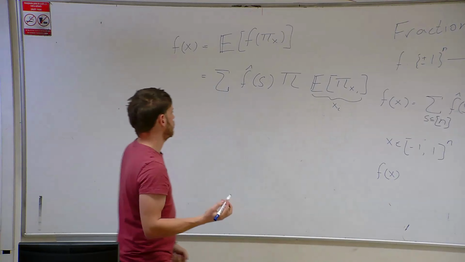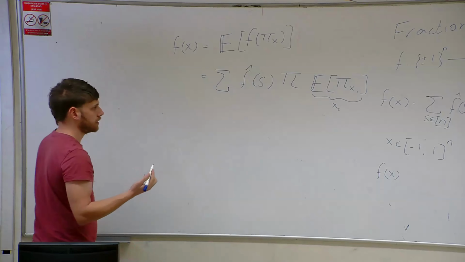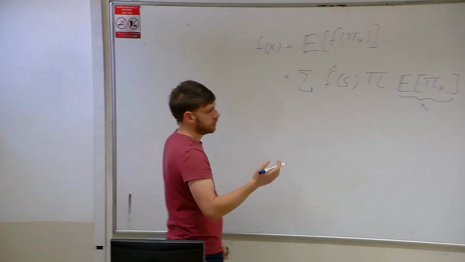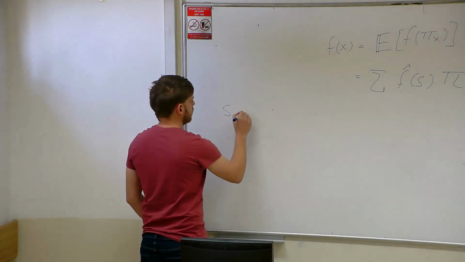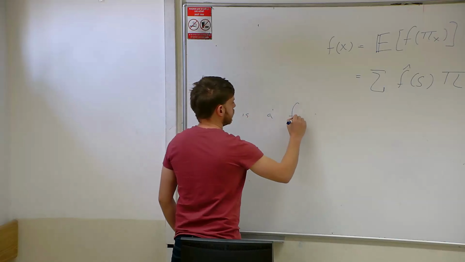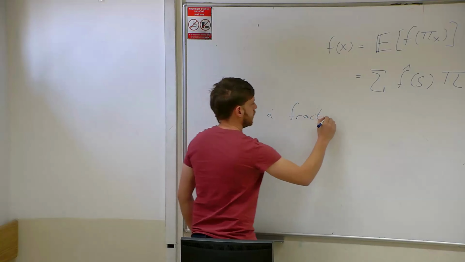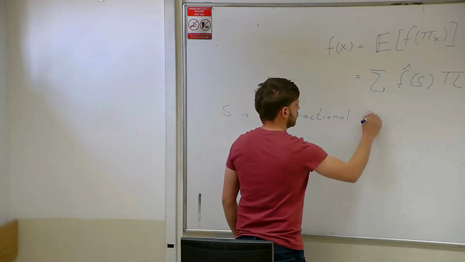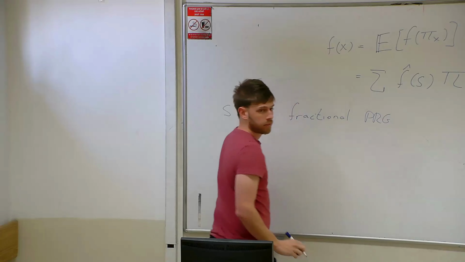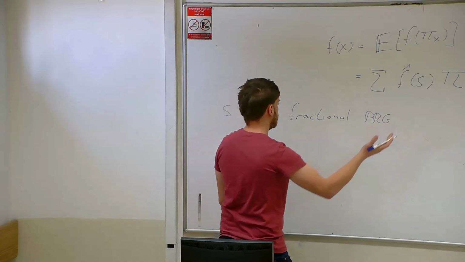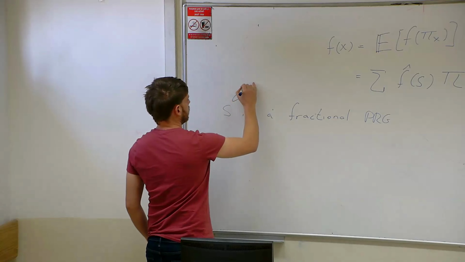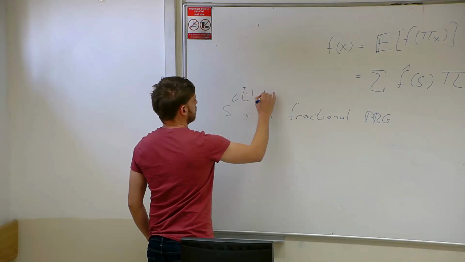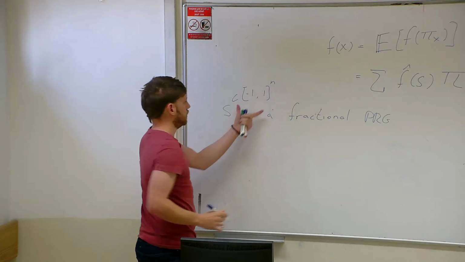And what we want from a fractional PRG: S is a fractional PRG if it fools F, but we allow S to be fractional, contained in [-1, 1] to the n.